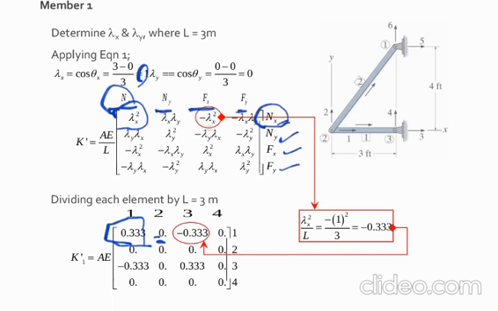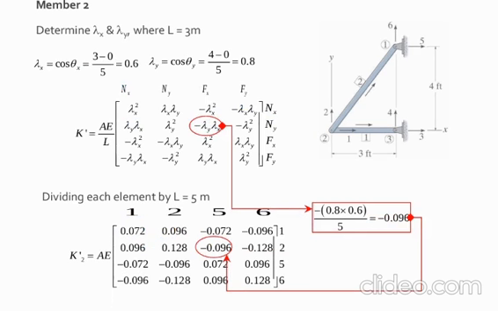Also, fx with nx is minus lambda x square, and lambda x square is 1 over 3, so minus 0.333. It's the same with the other parts or members of the matrix.